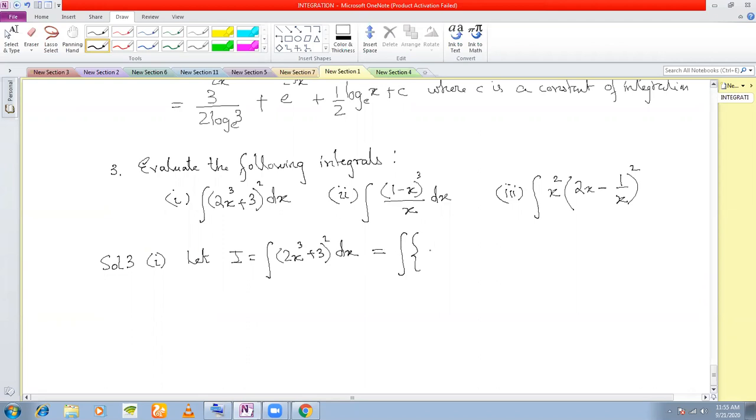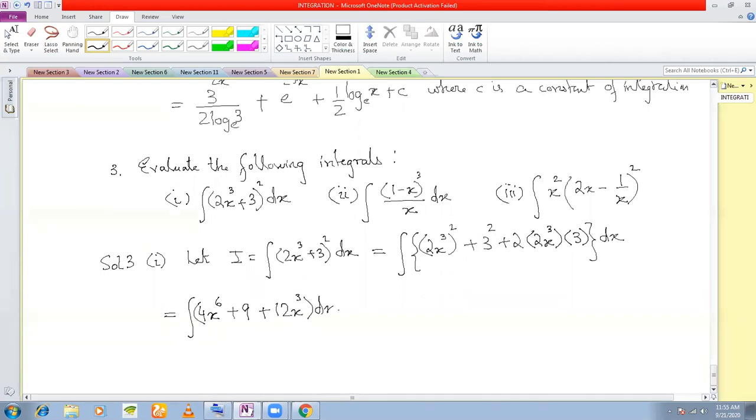So what do you get? a square, (2x cube) whole square, plus b square plus twice a b dx. So now you square this, you get 4x to the power of 6 plus 9 plus 12x cube dx.